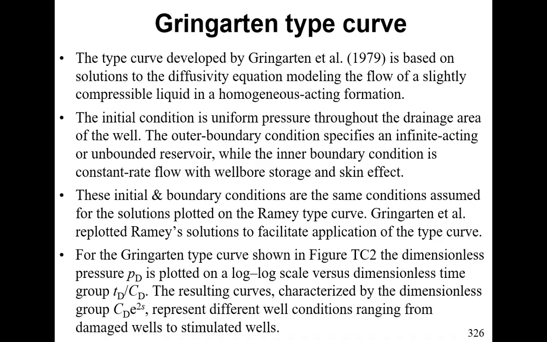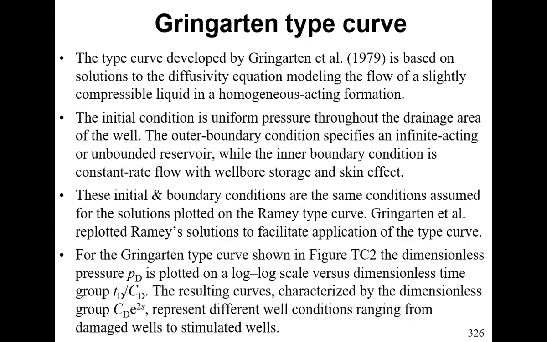So the type curve developed by Gringarten et al. in 1979 is based on the solutions to the diffusivity equation, modeling the flow of a slightly compressible liquid in a homogeneous acting formation. That's the underlying assumption. The initial condition is uniform pressure throughout the drainage area of the well.